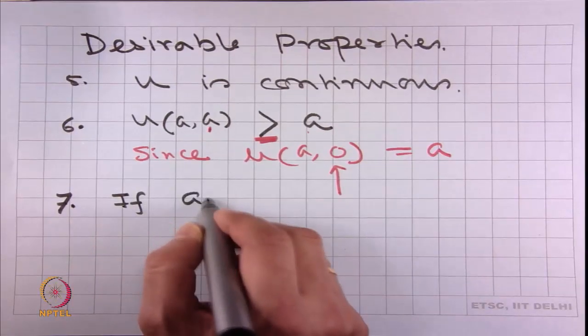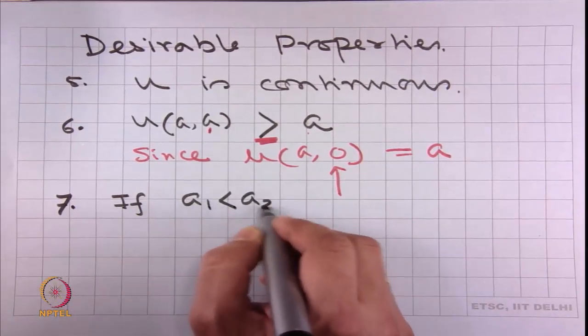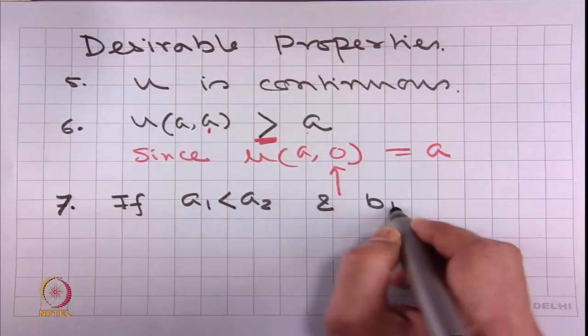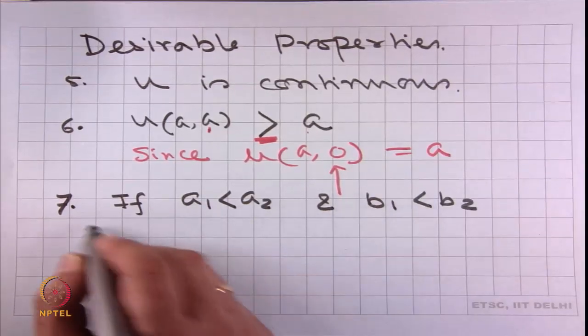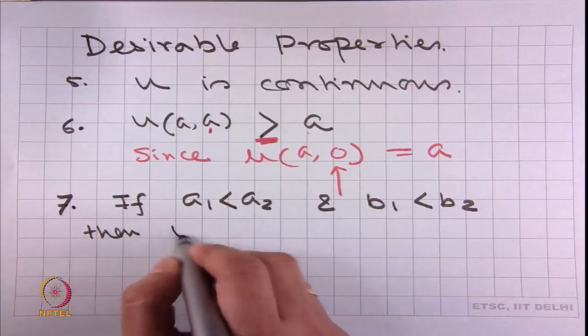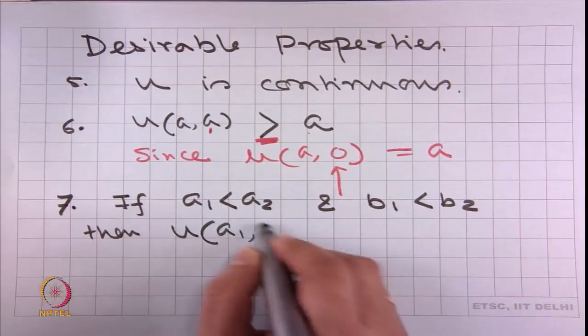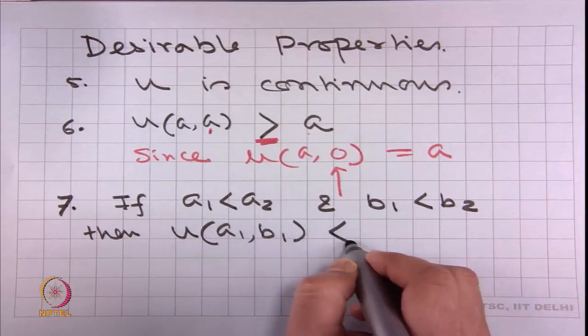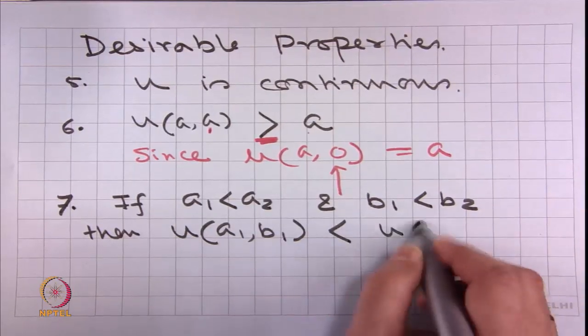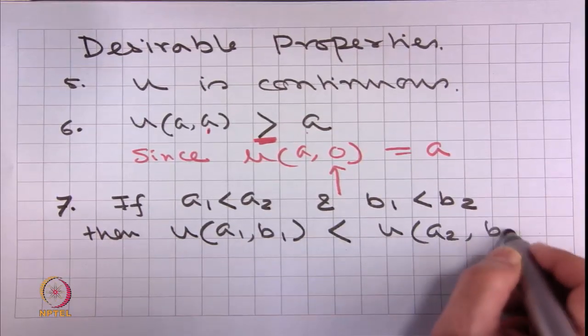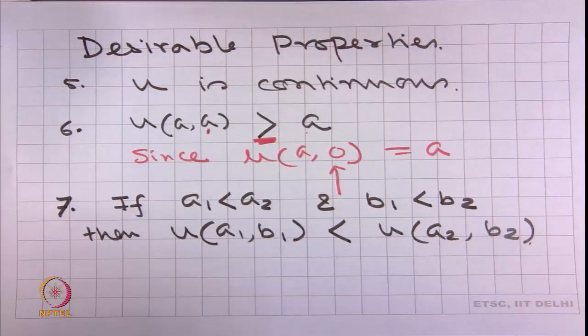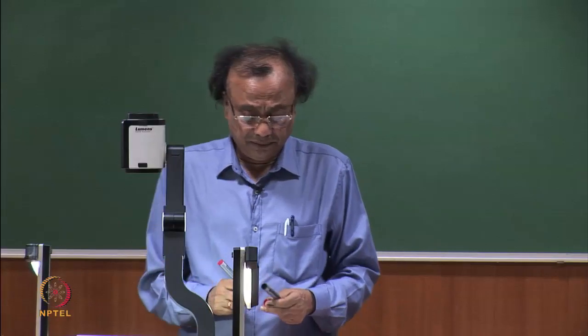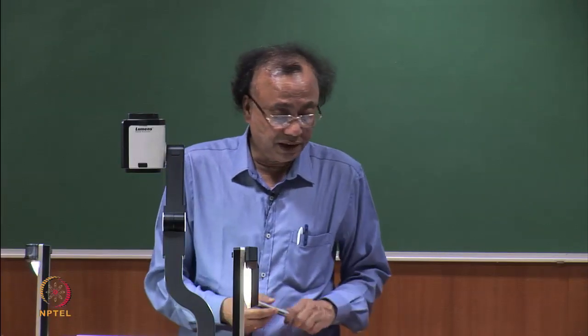If A1 less than A2 and B1 less than B2, then union over A1 comma B1 is less than union over A2 comma B2, and this we have seen is very similar to what we have done with respect to intersection. We have seen a theorem with respect to intersection.